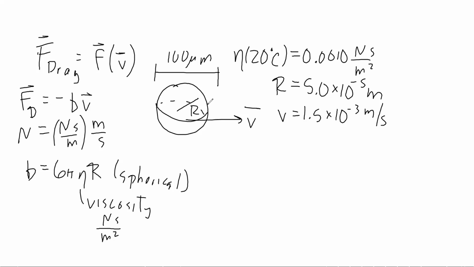What's the force that the bacterium needs to exert, through the little flagella or whatever it does, in order to maintain that constant speed? To put it into perspective, you have a particle that's about 0.1 millimeters big, moving at 1.5 millimeters per second. That would be like a person moving at a heavy jog, maybe an all-out sprint. So pretty fast to scale.